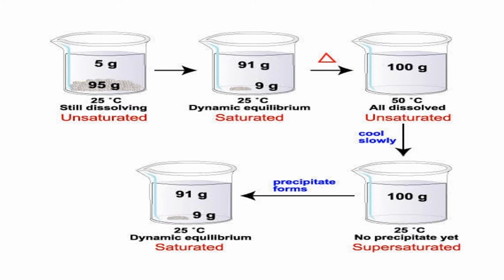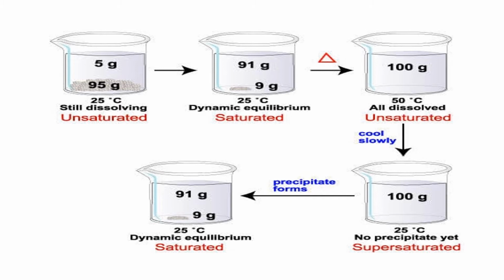How? Because we know that a supersaturated solution contains more dissolved solute than required for preparing a saturated solution. Suppose in the second beaker we have the saturated solution, with 9 gram solute left and 91 gram solvent.